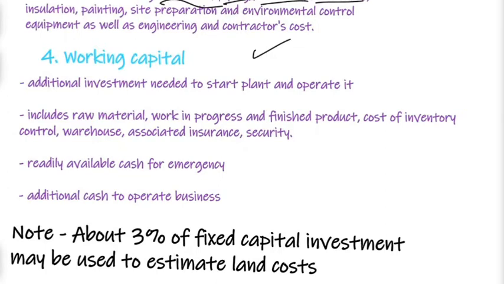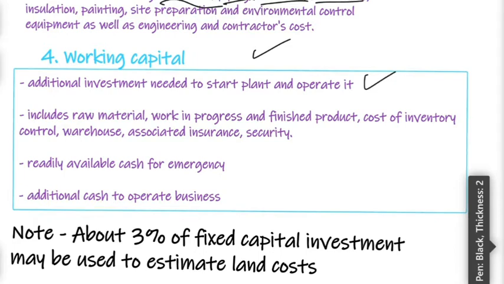Working capital is the investment required to start operating a plant. If you want to start the operation of a plant, that money is included in working capital. This includes raw material, work in progress, and finished product.